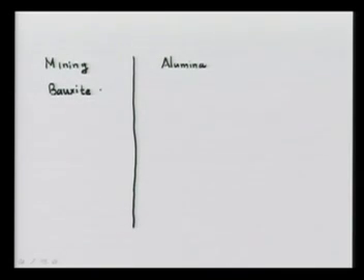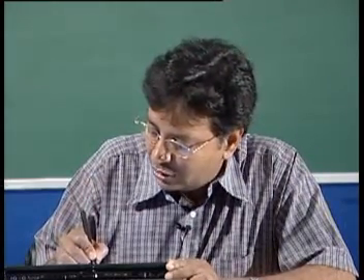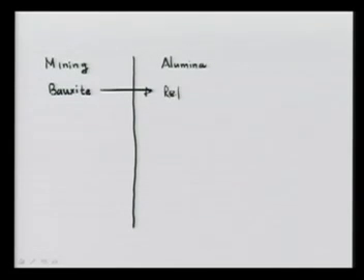This bauxite comes to the alumina plant, and then we are essentially refining the bauxite in such a way that we can concentrate more and more of Al2O3. So refine the bauxite to form more and more of Al2O3 that we refer to as alumina.